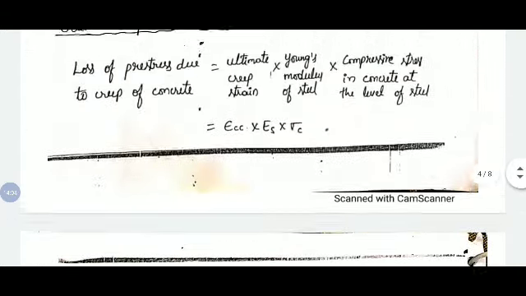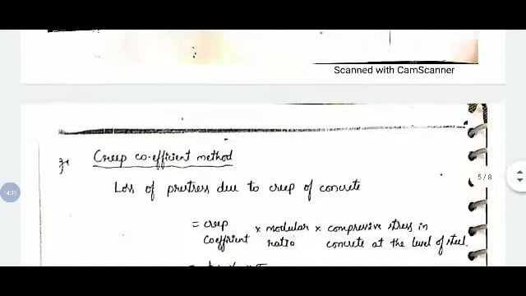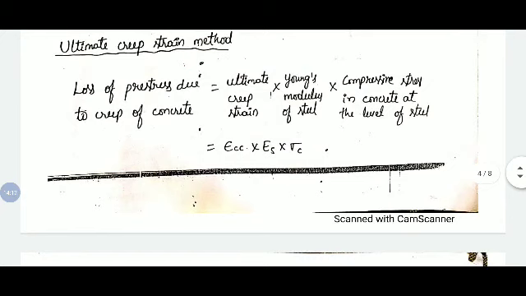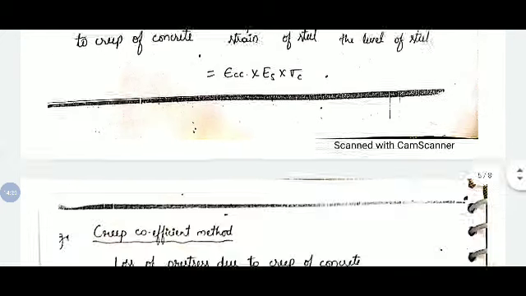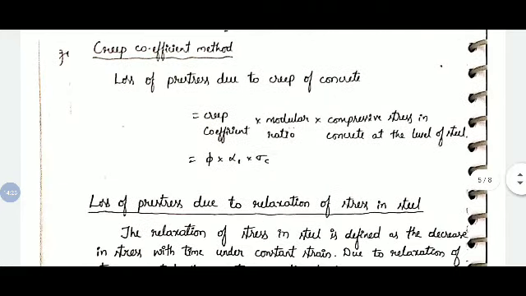So based on the given data, whether ultimate creep strain or creep coefficient is given, you need to select the formula. If ultimate creep strain is given, go with the ultimate creep strain method only. If creep coefficient is given, consider the creep coefficient method.